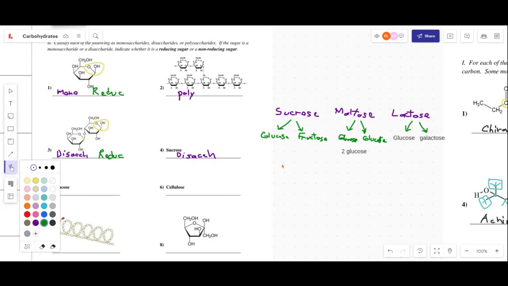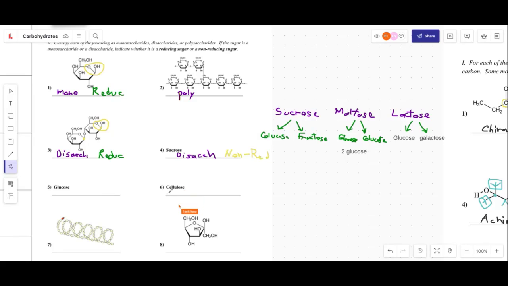All right. So sucrose is a disaccharide, and it is going to be non-reducing, right? Yeah, non-reducing sugar. Cellulose is also one they're going to expect you to have memorized.